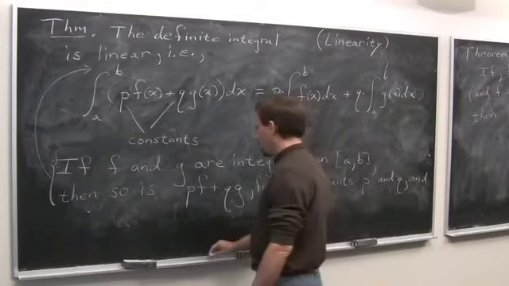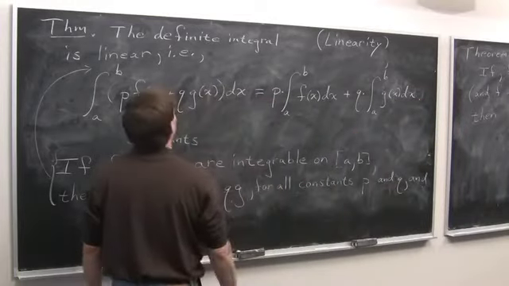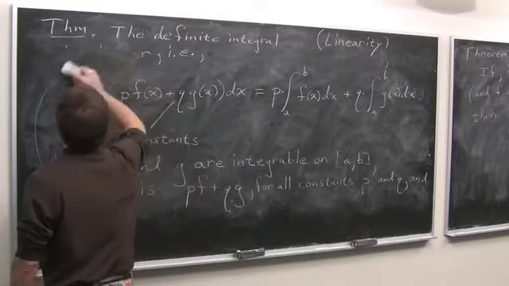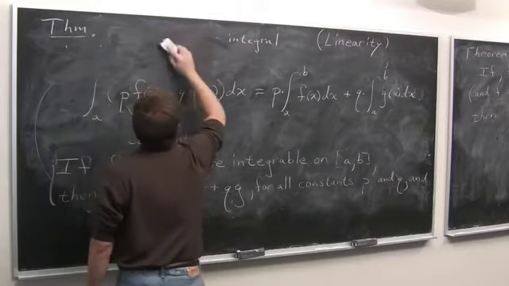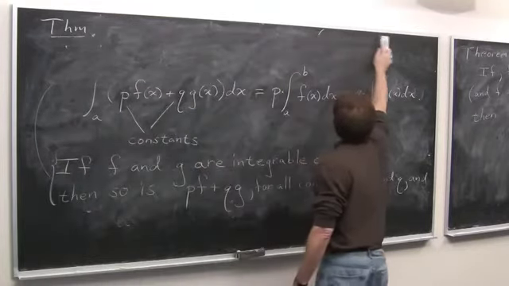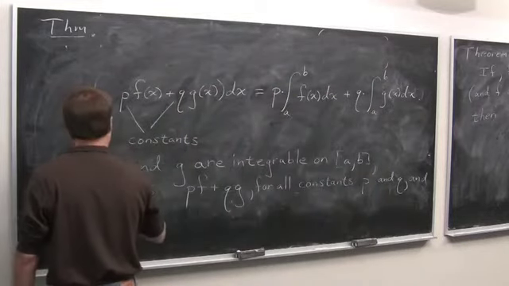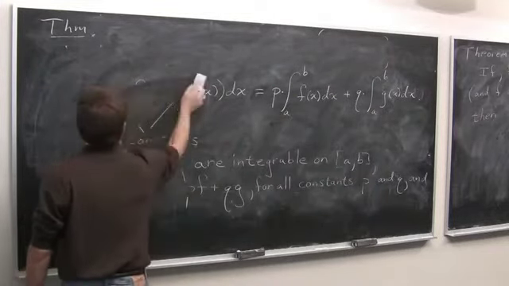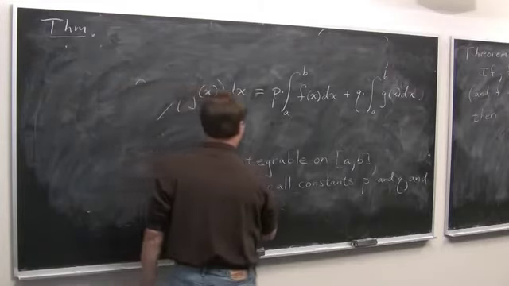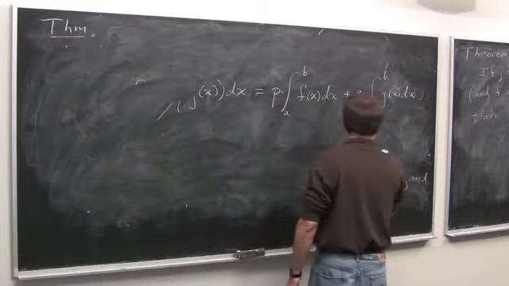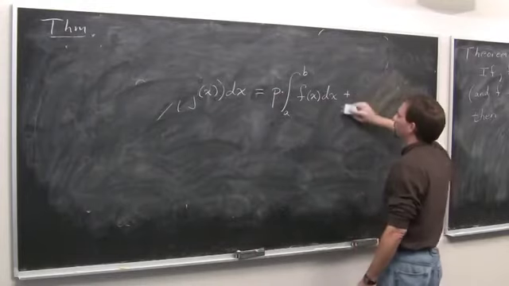But the big theorem is, you may have noticed that every time I've been drawing graphs of functions and discussing the area, I've been drawing continuous functions. This is the big theorem for what functions are integrable.